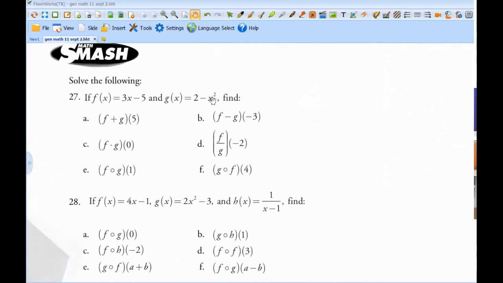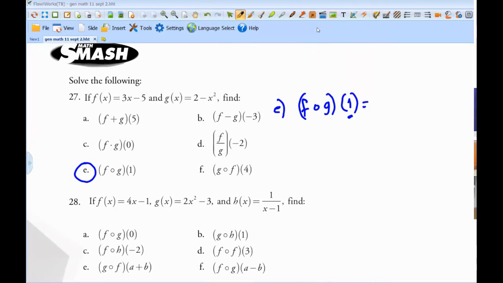Okay, what about letter F or letter E here? Let us try letter E. So E is f circle of g, but there is a value after evaluating the composition of the function, you have to replace it with 1 after that. So let us try f circle of g.